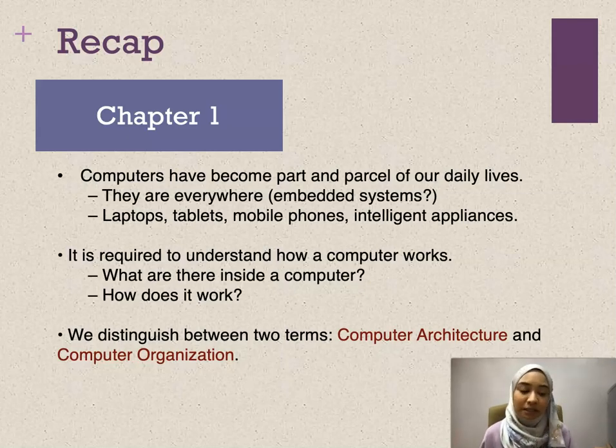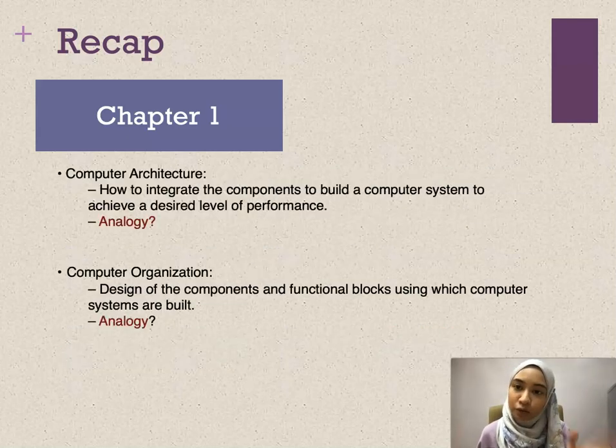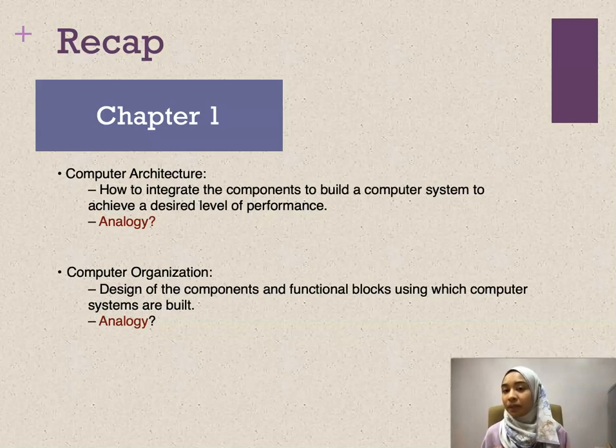I talked about this last time, and I hope you still remember. Computer architecture is about the features that we see being delivered by the computer. It is how to integrate the components to build a computer system to achieve a desired level of performance. The desired level of performance is the features that I was talking about.